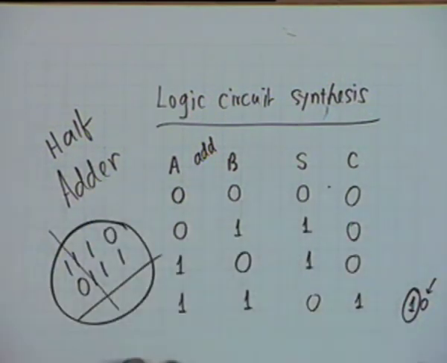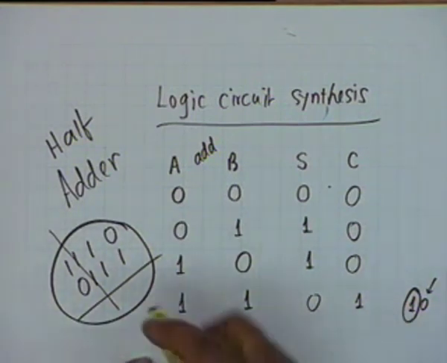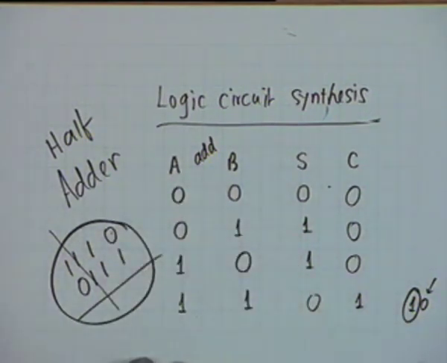So this is called a half adder, and you can appreciate that one half adder will be needed in the addition of any two binary numbers. The first digit, the rightmost digit addition, shall require a half adder, because you don't have a carry from the previous addition, because there is no previous addition.